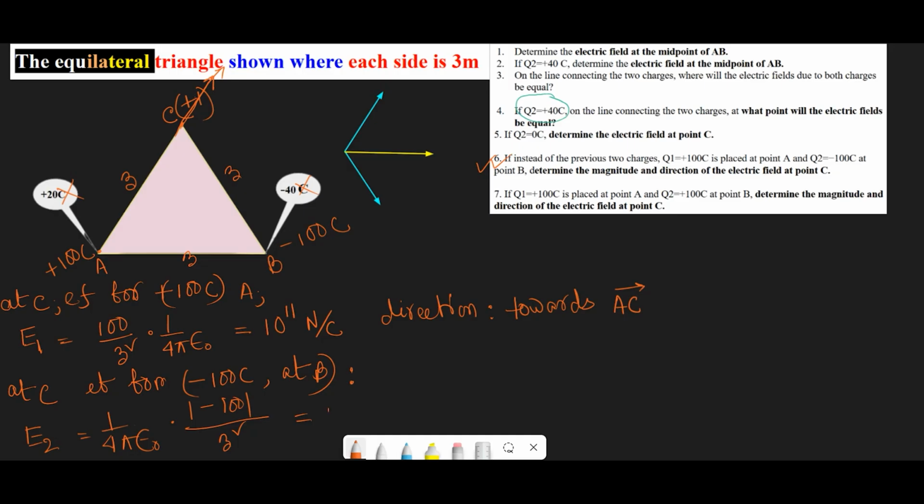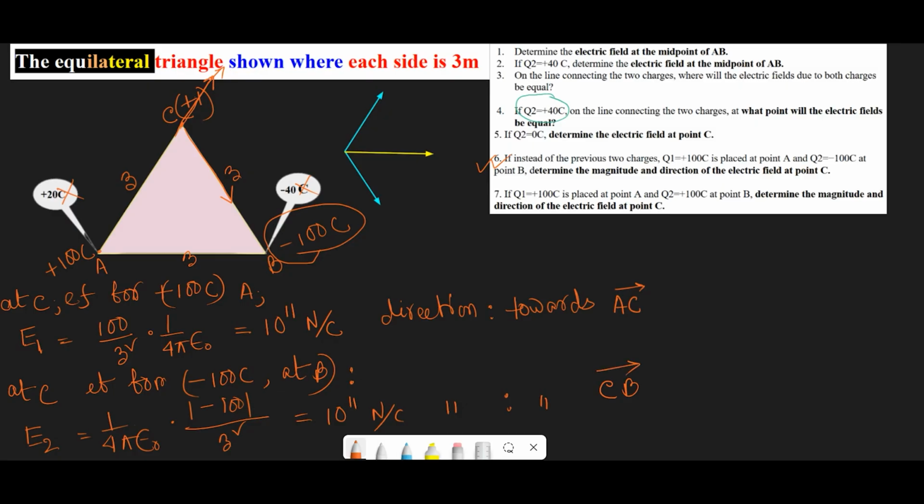So here will be the same value, 10 to the power 11 Newton per coulomb, and obviously the direction towards, so this is negative 100 and this is positive 1. So negative 100 is larger compared to positive 1, and this is positive and this is negative, so they are attracted to each other, and as minus 100 is larger, the electric field will be in this direction, towards CB.